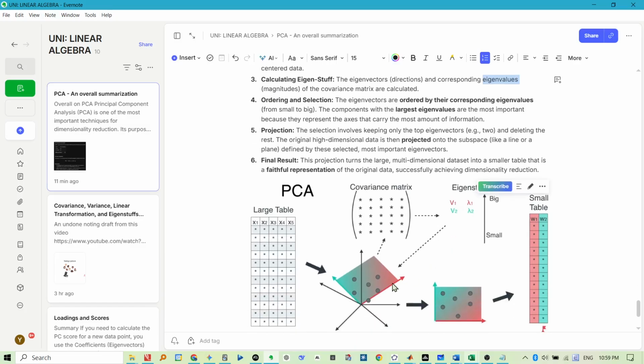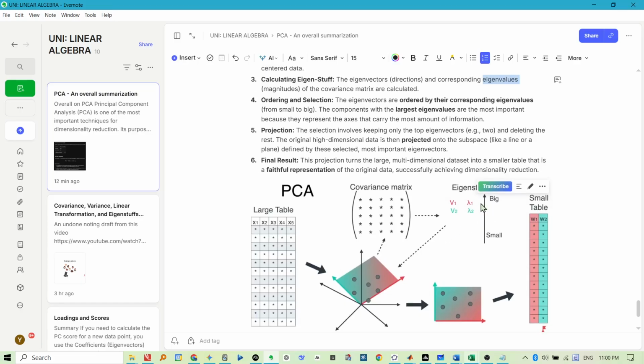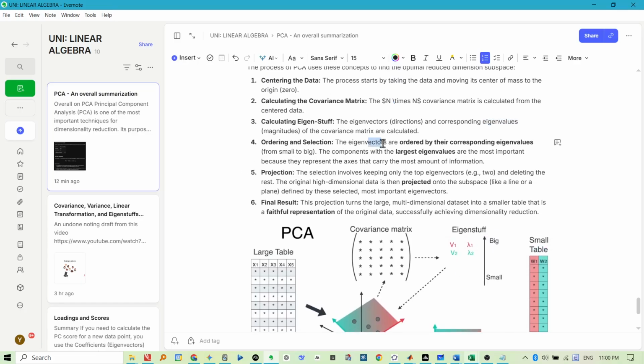Here is also a visual, not quite accurate, representation of the eigenvalues for a 5D table of data. Then we order the eigenvalues, sorting them from big to small, and also sorting their corresponding eigenvectors.